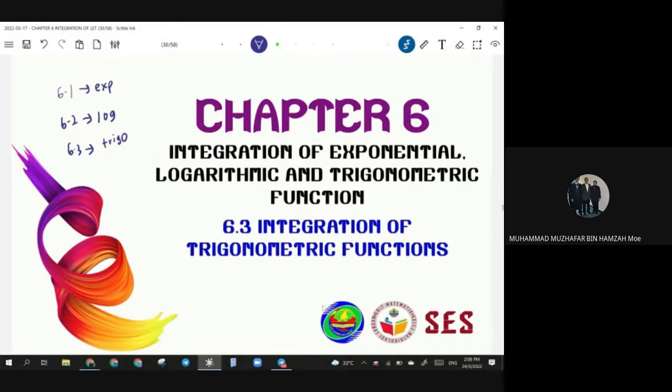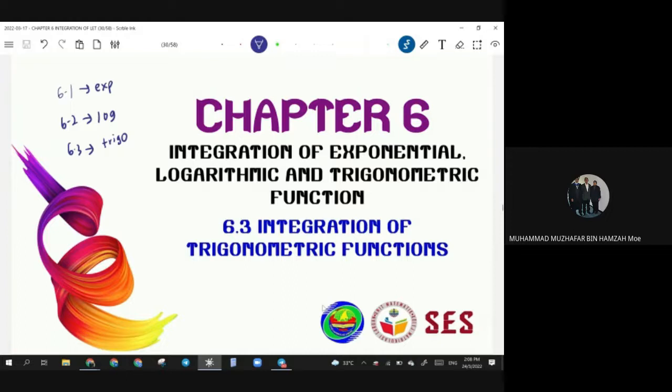Ada 3 fungsi lah. Di bab 3 korang dah belajar tentang differentiate exponent, log dan Trigo. So di bab 6 ni kita belajar dia punya integration pula.